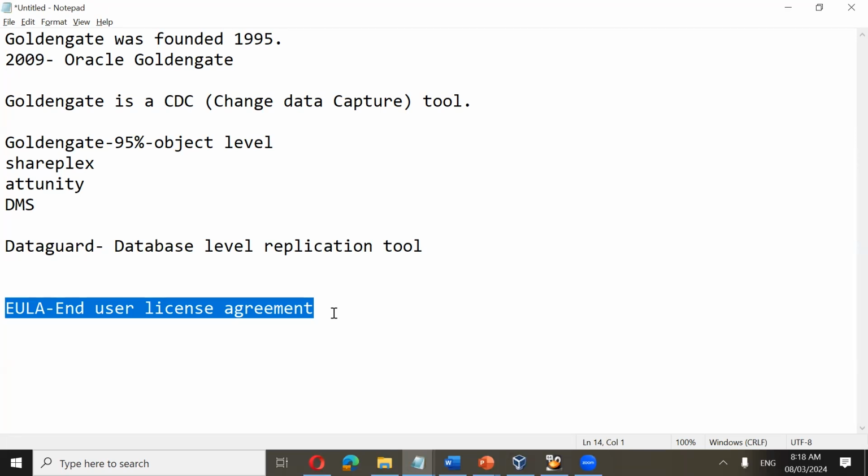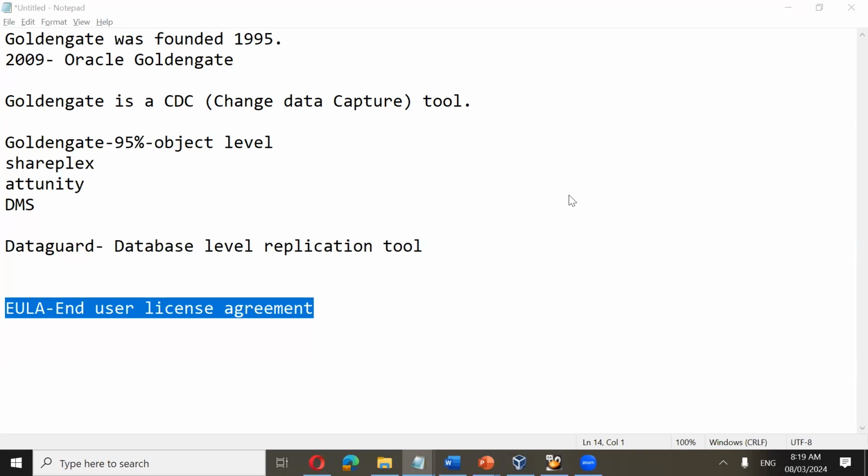When they sign it, they are free to use Oracle Golden Gate in any number of environments, based on the terms and conditions of course. Because they can use it in any number of environments, they use Oracle Golden Gate.